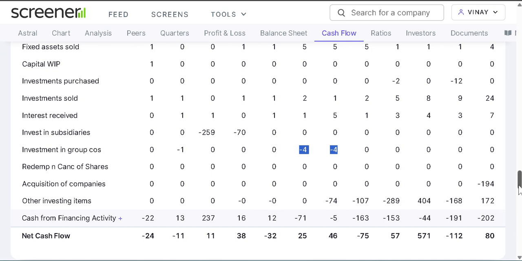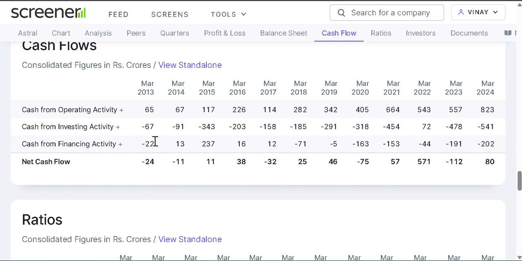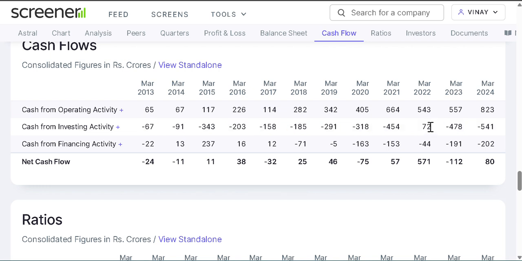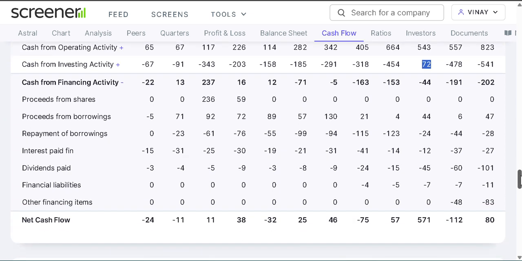So see, this total comes out as the cash from investing activity. So this figure ideally should be negative. So you can see all years it is negative except March 2022.